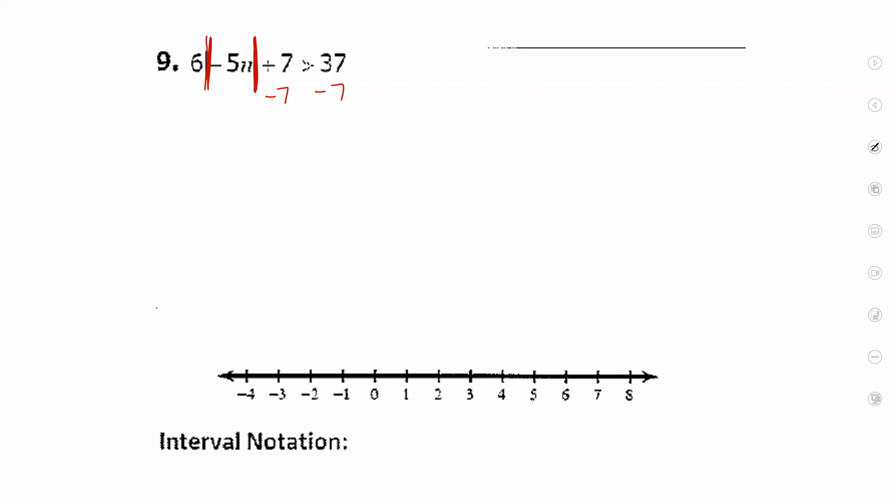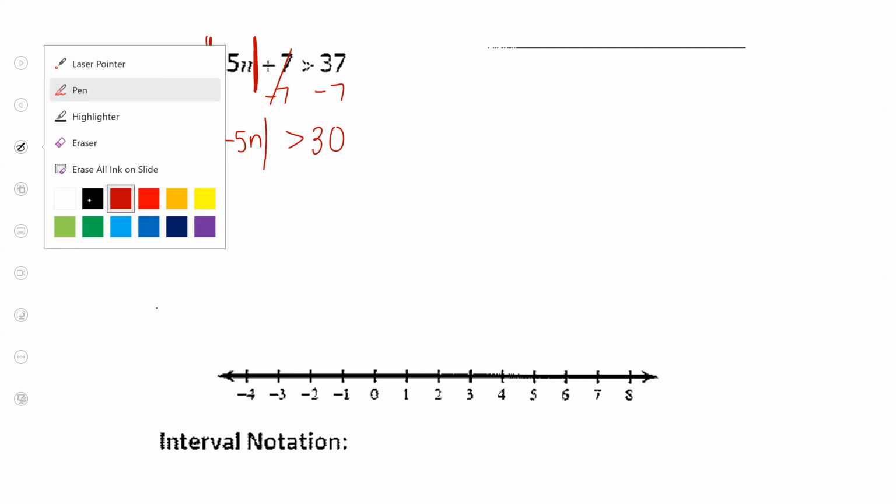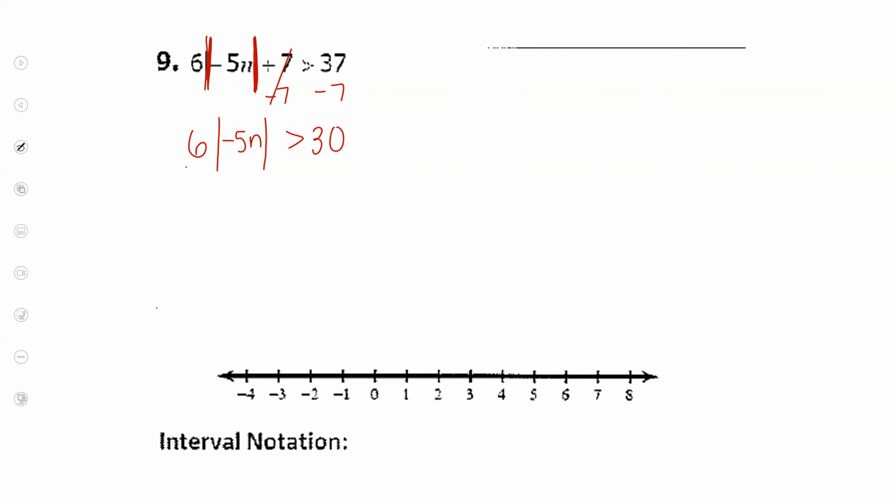7 minus 7 is 0, so that cancels out. 37 minus 7 is 30. Everything else can just come down. Okay, we're almost isolated. We need one more step. We're going to divide this side by 6 and divide this side by 6.